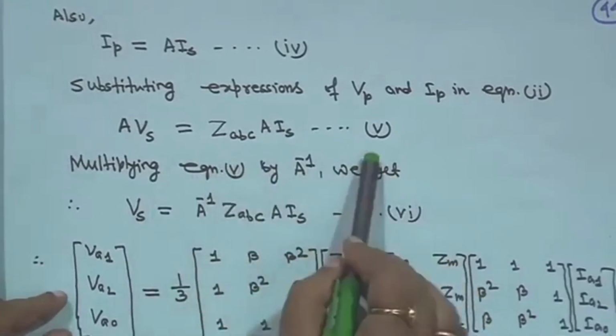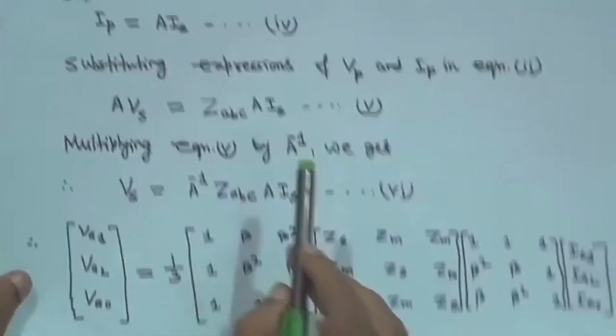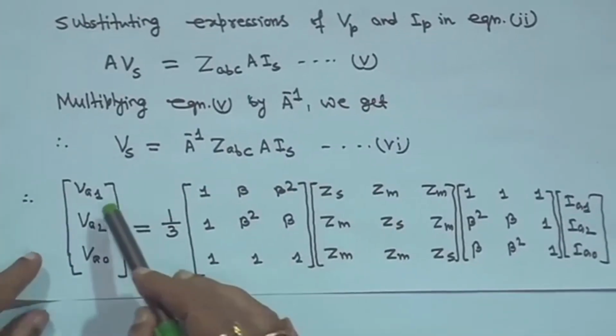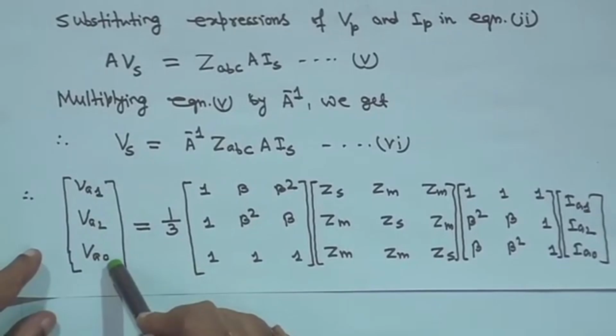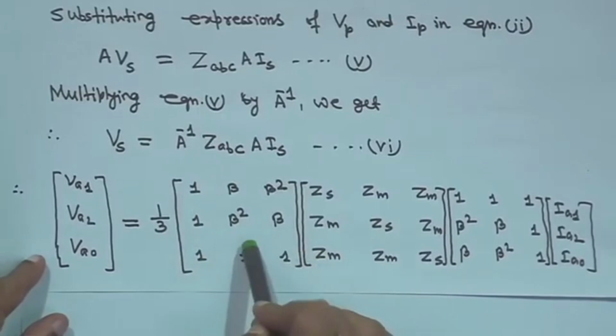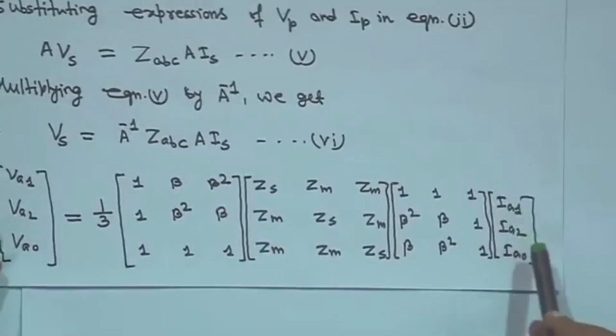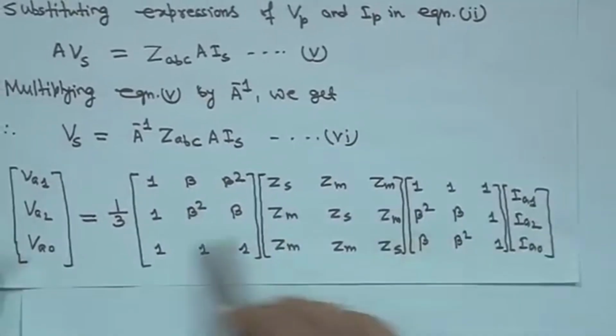Multiplying equation 5 on both sides by A inverse, it will be VA1 VA2 VA0 is equal to 1/3 this one, this is A inverse, then this is your ZABC, this is your A, you know all these things we have given, and this is IA1, IA2, IA0, multiply all.